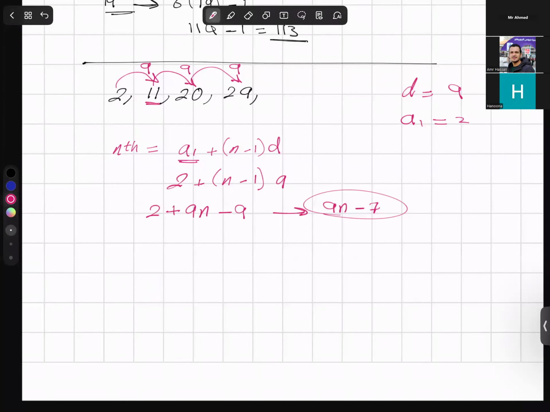What if I want to get the 11th term? We do 9 times 11 minus 7. Let me write that down. It's 92.